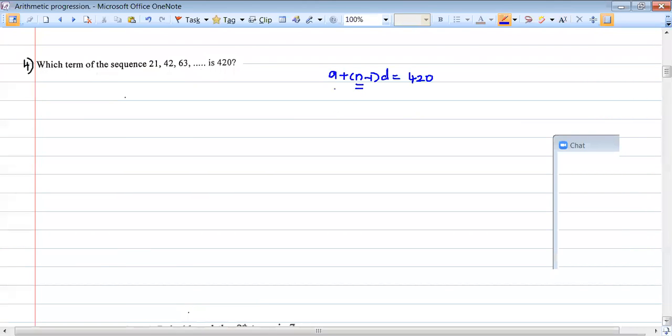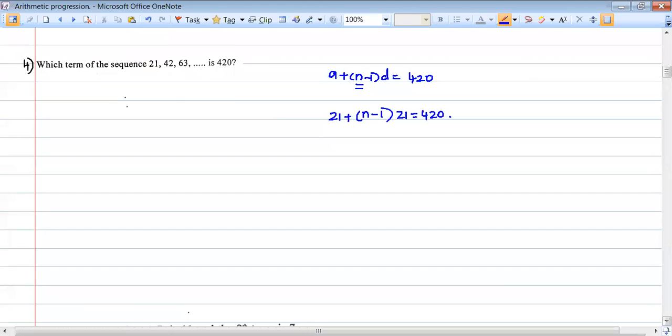Here A is 21, and n is what we have to find. The common difference is 21, and the last term is 420, right? Then you multiply this with 21, or after subtracting 420 minus 21, you divide, and then find the value of n.